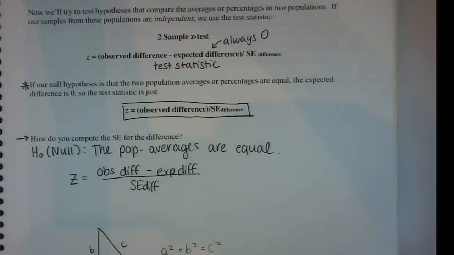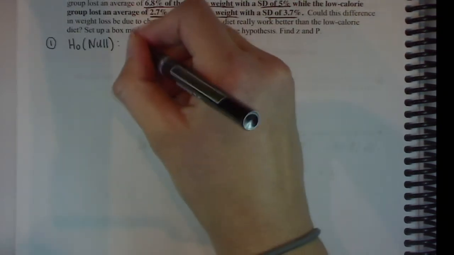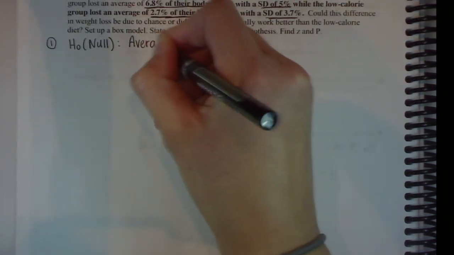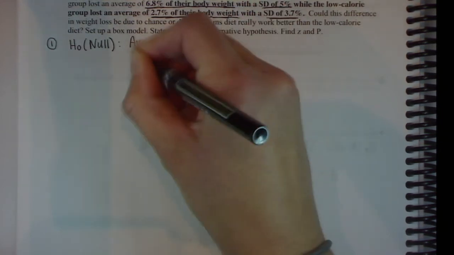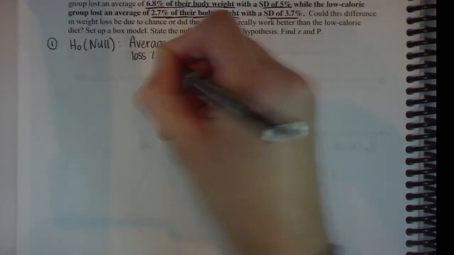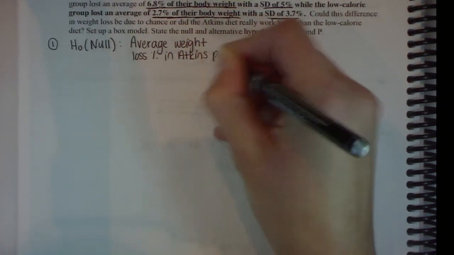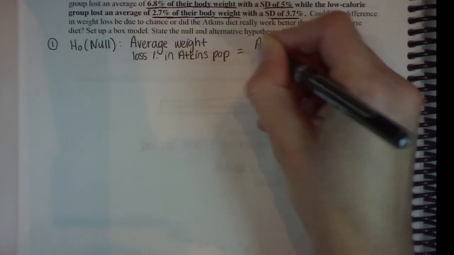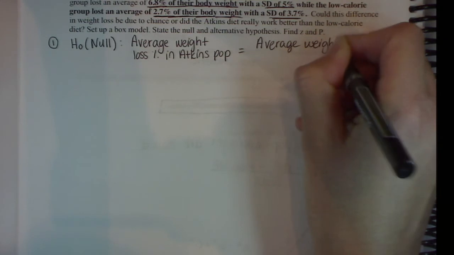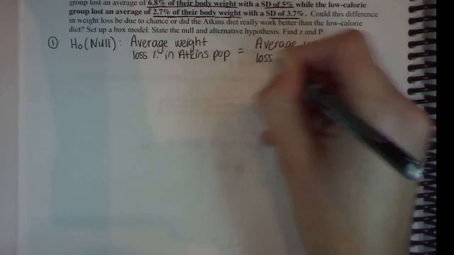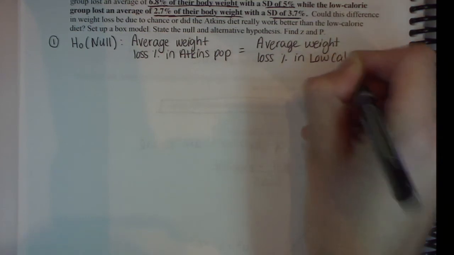So I'm going to say the average weight loss percent in the Atkins population is equal to the average weight loss percent in the low-calorie population.